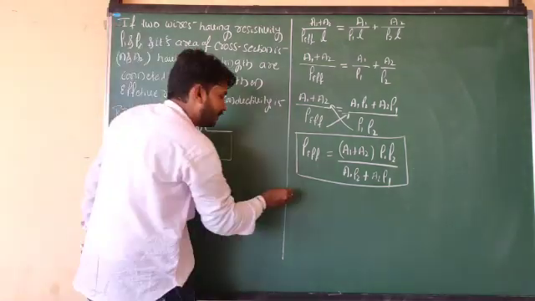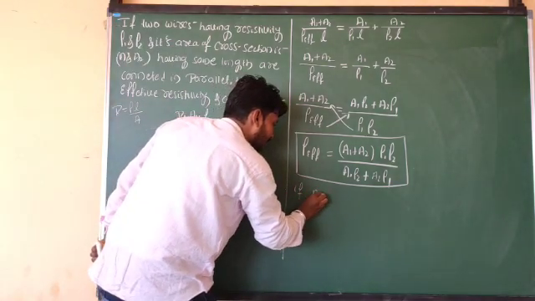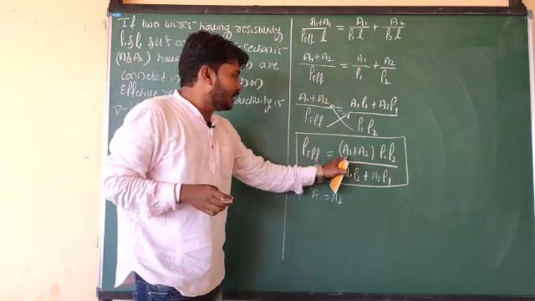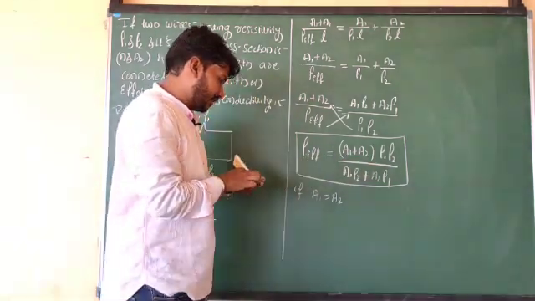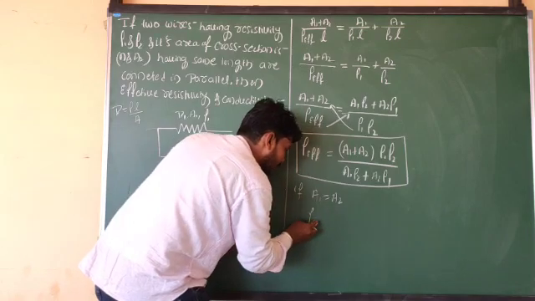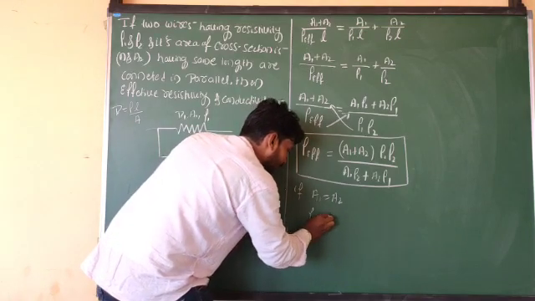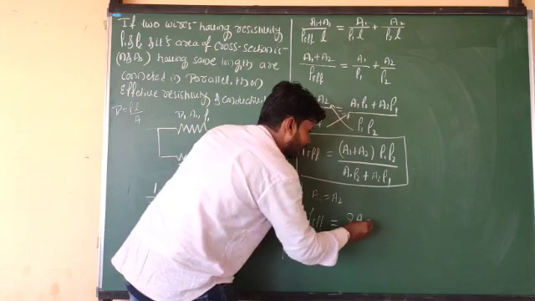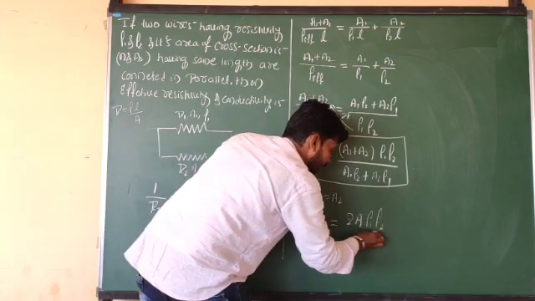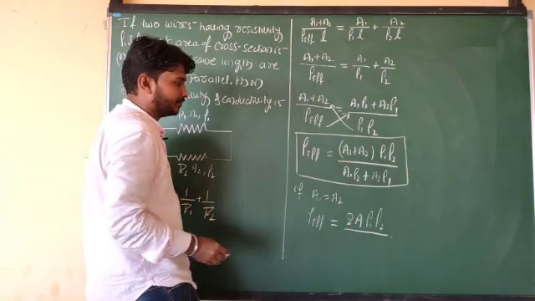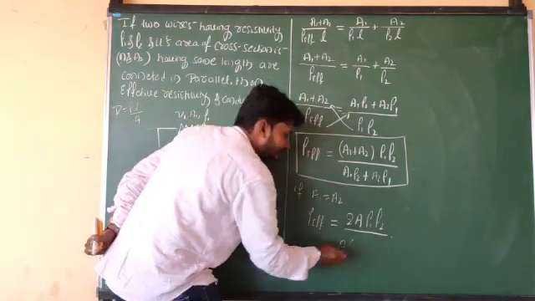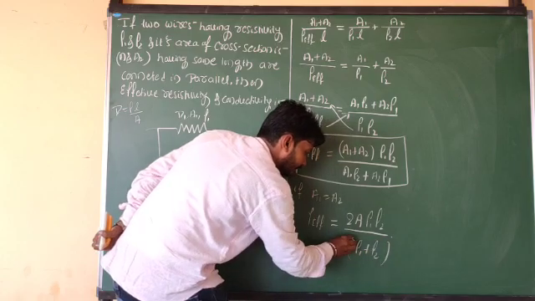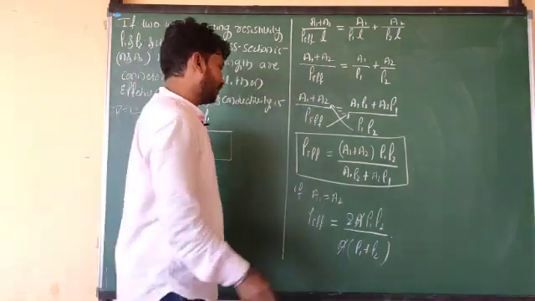So suppose the area is same, if A1 is equal to A2, then what happens here? A plus A, 2 times A here. So effective resistivity is 2 times A into rho 1 into rho 2 divided by, so area A is common here, A into rho 1 plus rho 2, the A term will cancel out here.